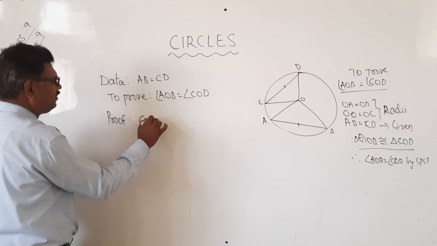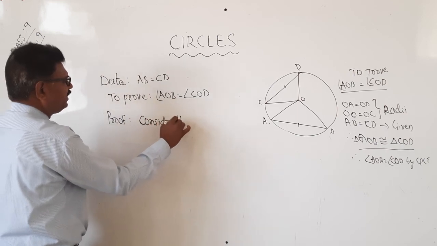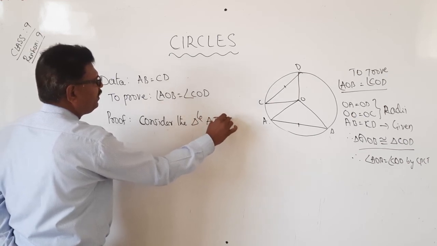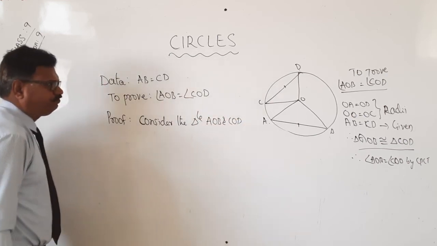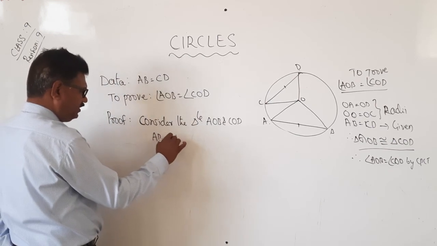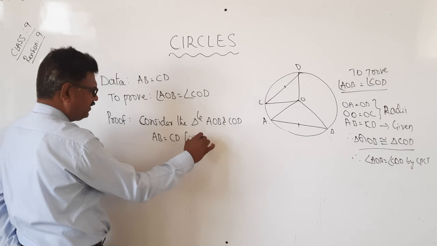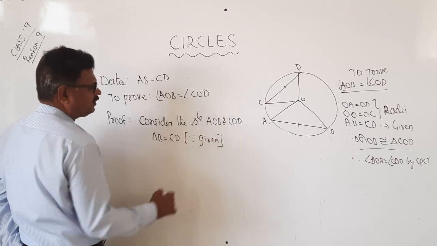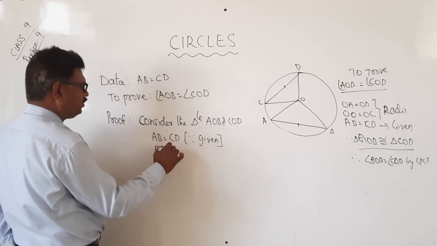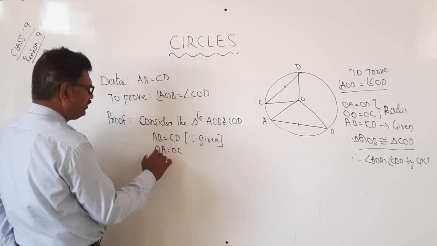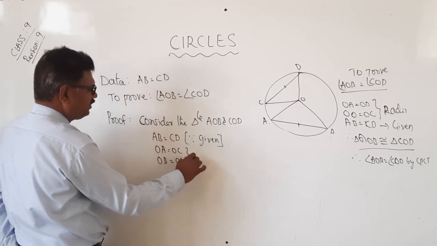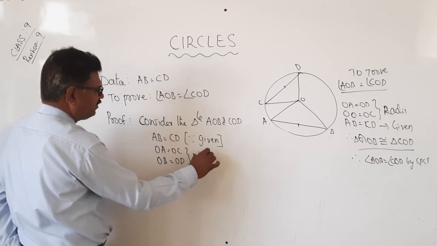Consider the triangles AOB and COD. AB equal to CD because it is given. Next, OA equal to OC, OB equal to OD because they are radii of the circle.